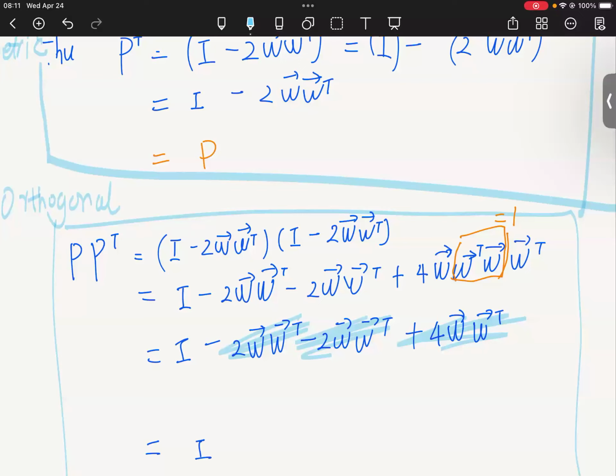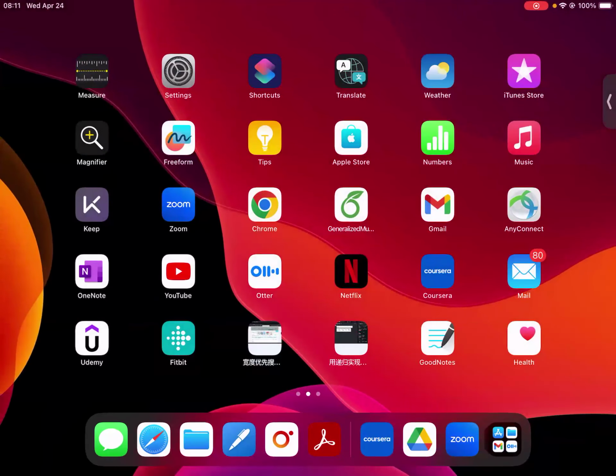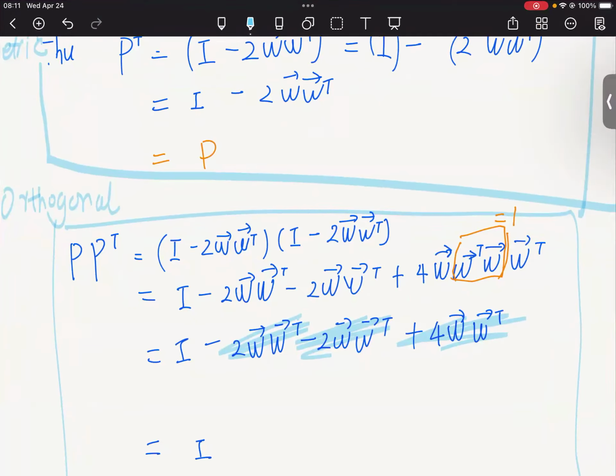Okay, so next the idea is that we want to transform the matrix to the tridiagonal format. So let's see.